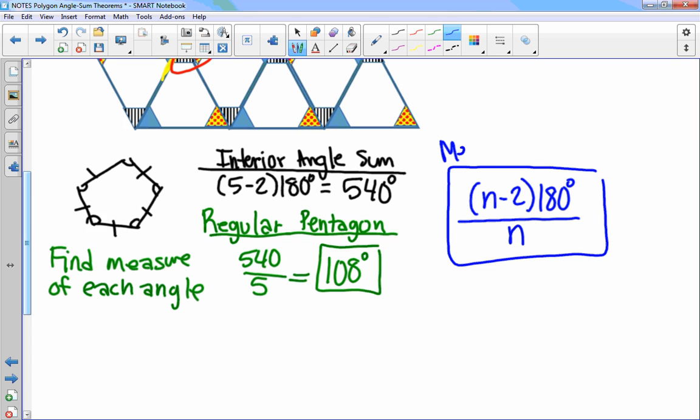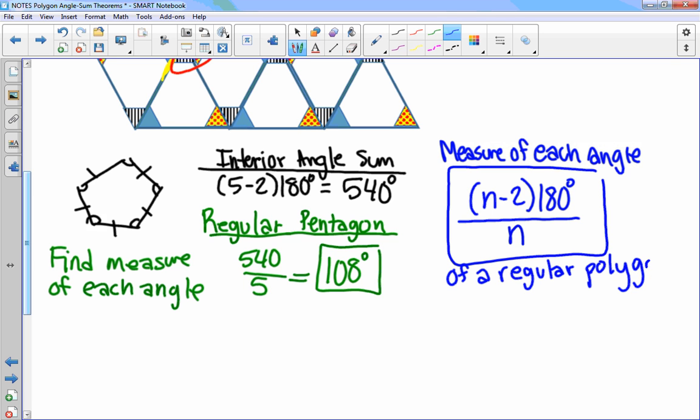This helps you find the measure of each angle of a regular polygon. Okay? Any questions about that? You can go both ways. You can find the sum of all angles, and you can find the measurement of each individual angle if you know it's a regular polygon.